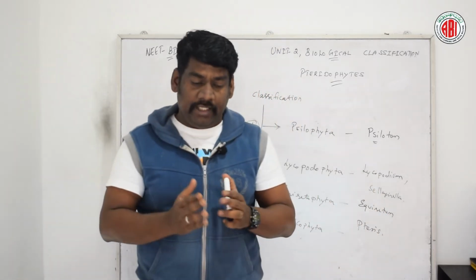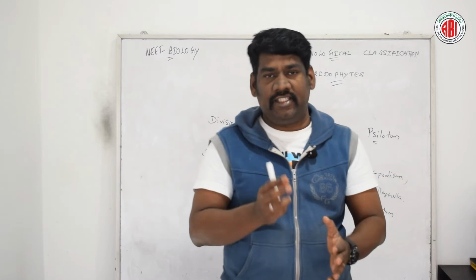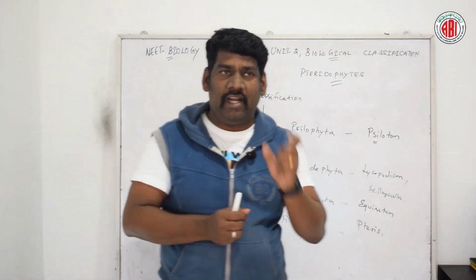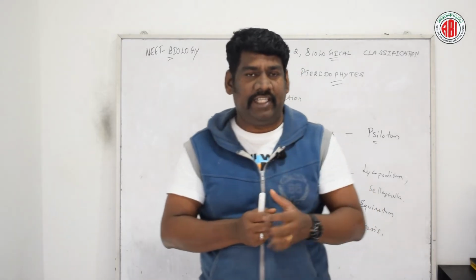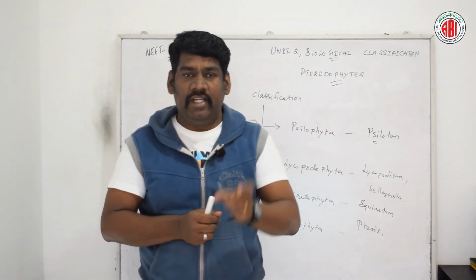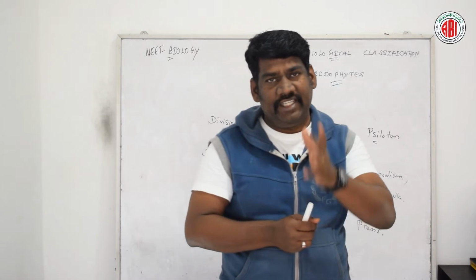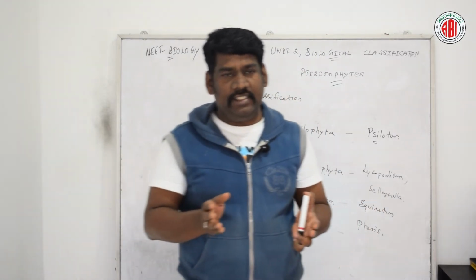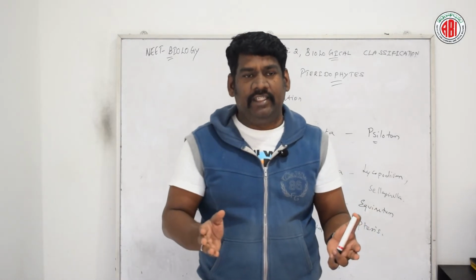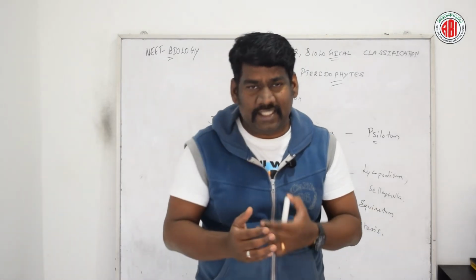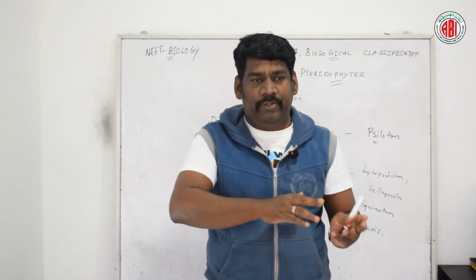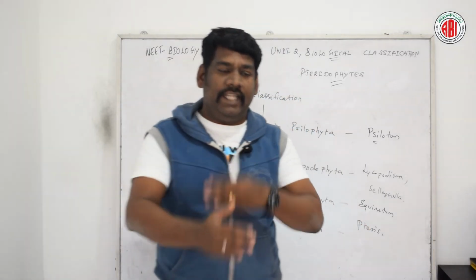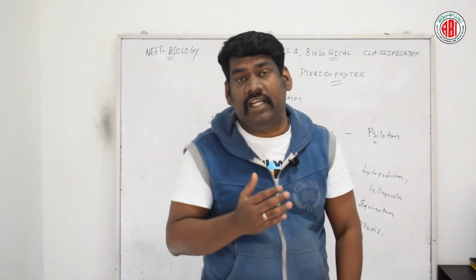This is also called alternation of generation, and Pteridophytes possess alternation of generation during their life cycle. That involves sporophytic and gametophytic generations, and these two generations alternate with each other in regular succession, sporophyte to gametophyte, then gametophyte to sporophyte. This entire process comprises the life cycle of the pteridophyte.